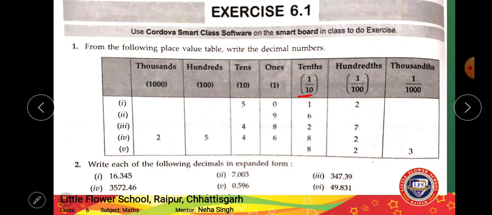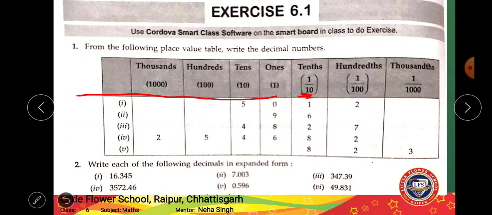Wherever this fraction part starts, it means it is decimal. See, as we go to the left, it is ones, tens, hundreds, thousands, this number system we know. For decimals, as we move to the right, it is tenths, hundredths, thousandths, right? And the values are 1/10th, 1/100th, 1/1000th. Whenever we are dealing with decimals, it comes in the fractional part, right?